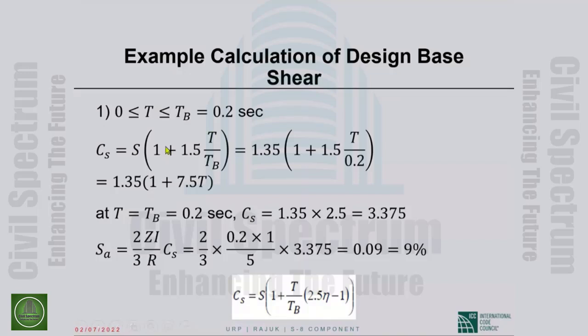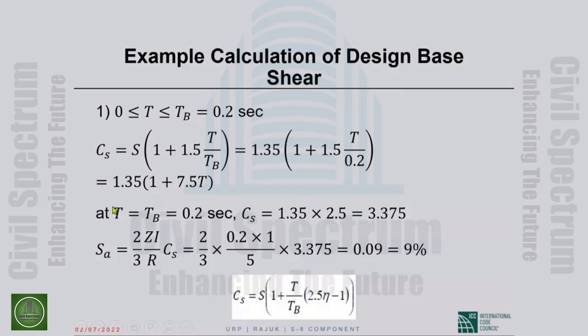So S is 1.35, and the remainder has been left as is, and that would mean 1.35 times 1 plus 1.5 divided by 0.2, which is 7.5 per second.